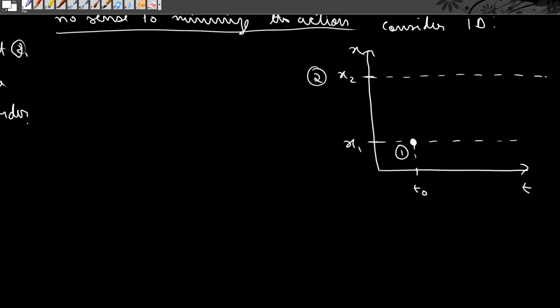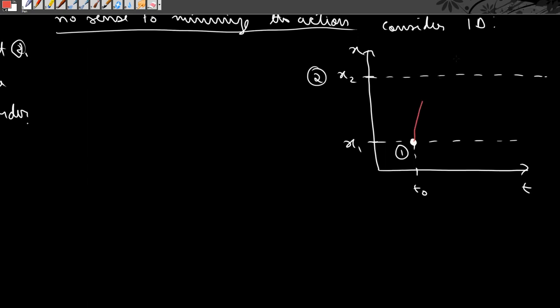But how does it go from point 1 to point 2? We do not know. That is what we want to find. So let us consider different paths.